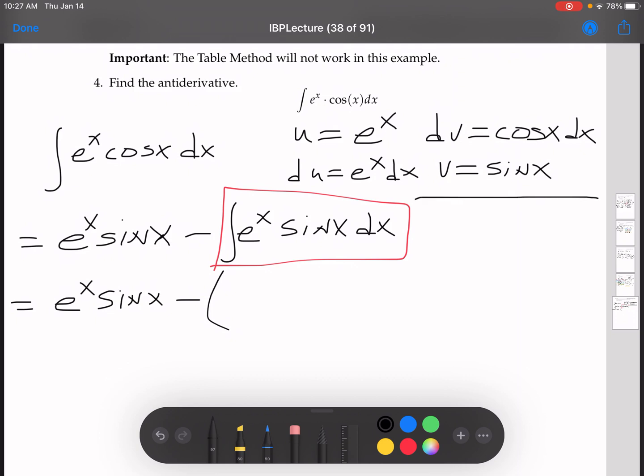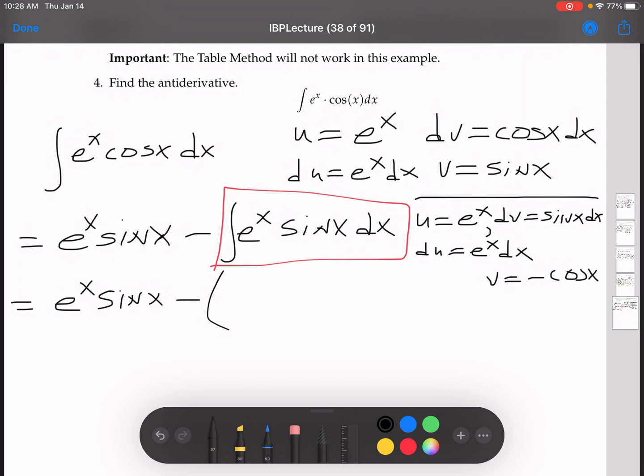So this time we'll say, again, u is e to the x, dv is sine x dx. So du is e to the x dx, and v is negative cosine x. Again, you can check your work there.